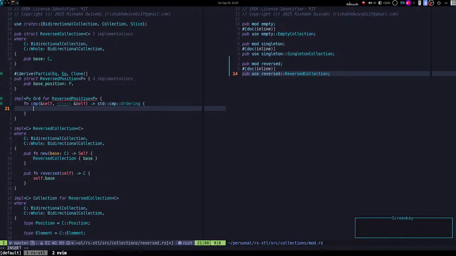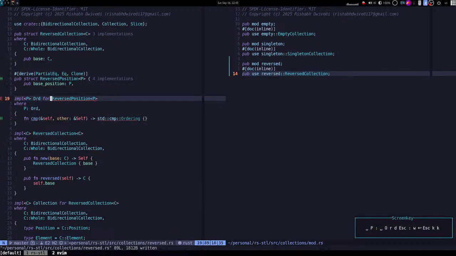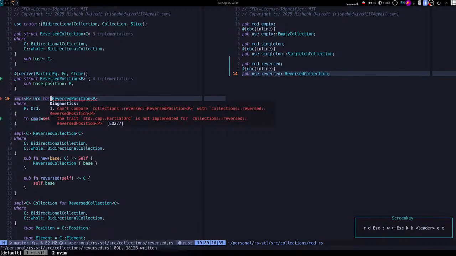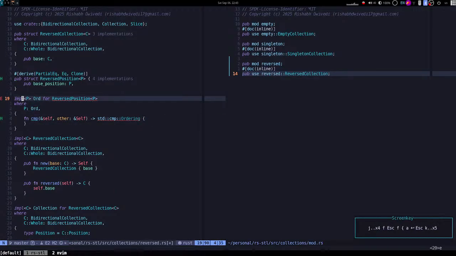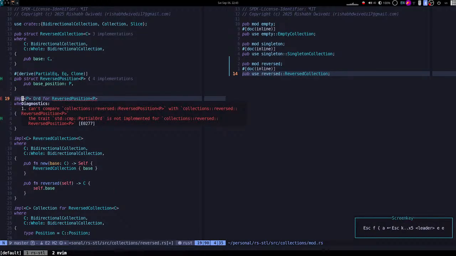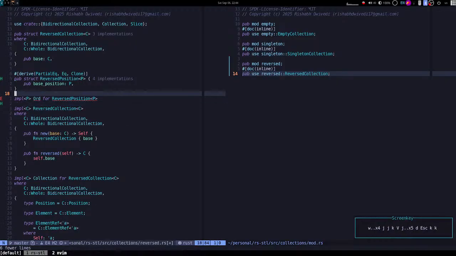Okay, and so what we do is, where p is Ord, right? So how do we do that? Oh wait, cannot compare because PartialOrd is not implemented. So I need to implement PartialOrd, right? How to implement partial ordering?